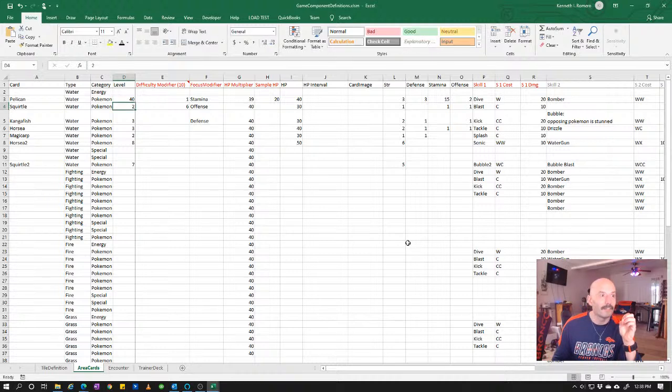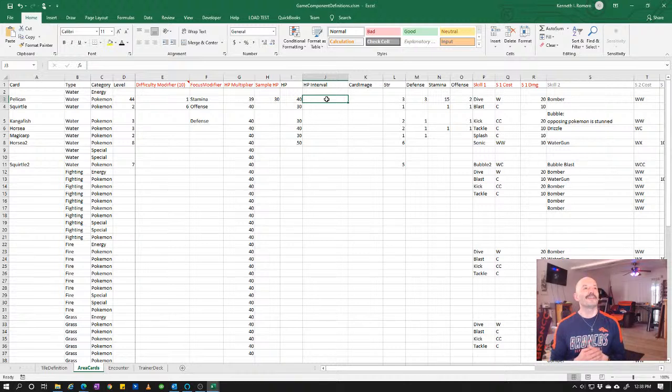30, 41, oops, 41, 42. I'm thinking 44 if it's every 22 levels. 43, 44, yep, 44. So his HP interval would be 22.